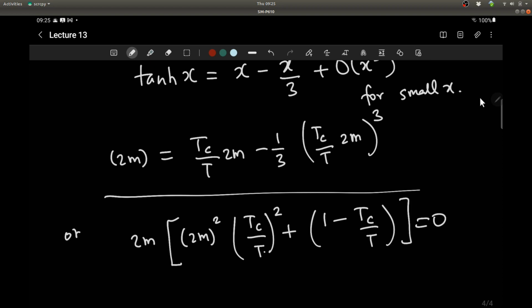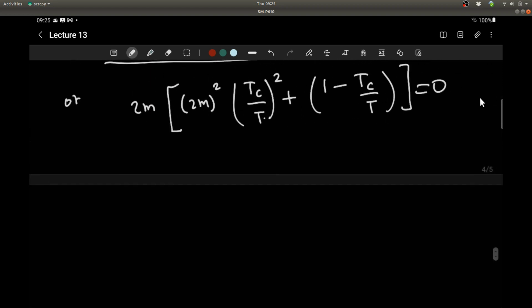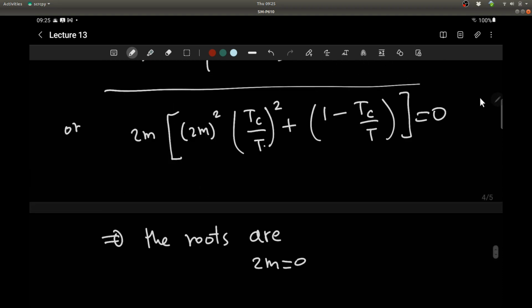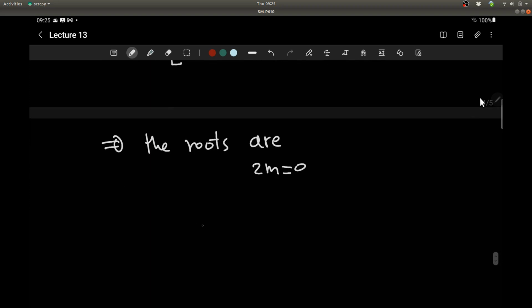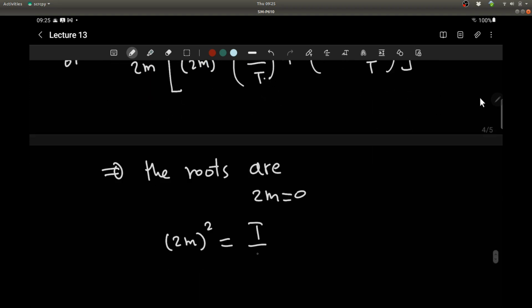So we can see all the 3 roots here, because this implies the roots are, of course, 2m equals 0, okay, or now this is just a quadratic, so we can see that we will get 2m whole square equal to T upon Tc whole square into, okay.